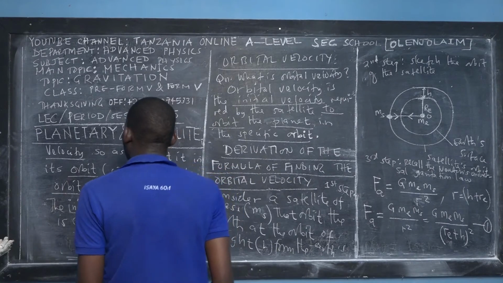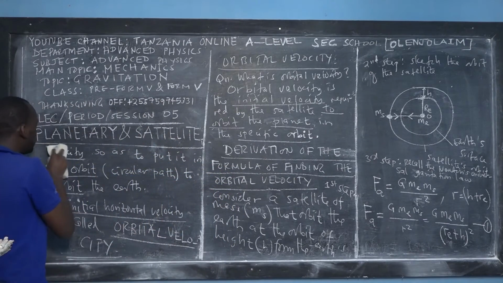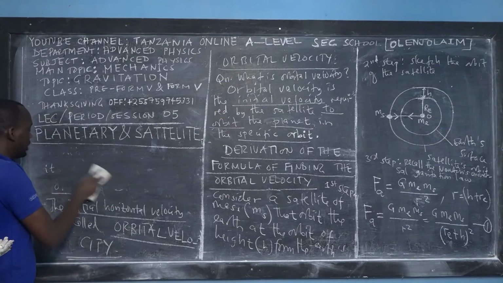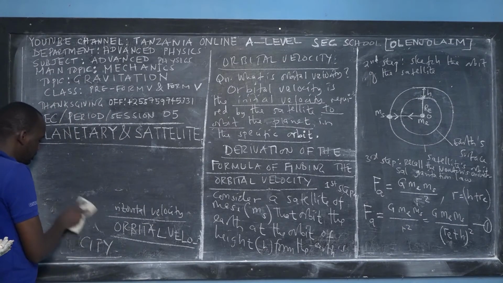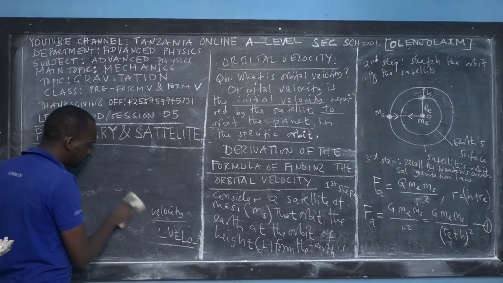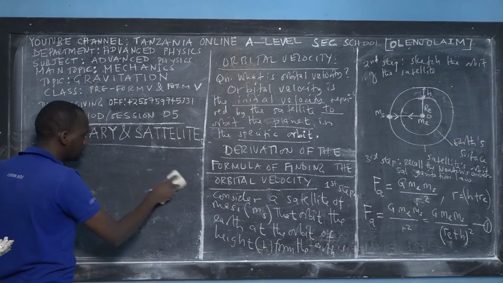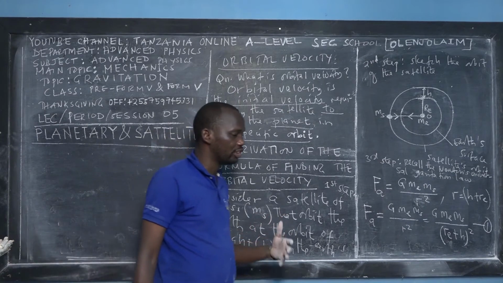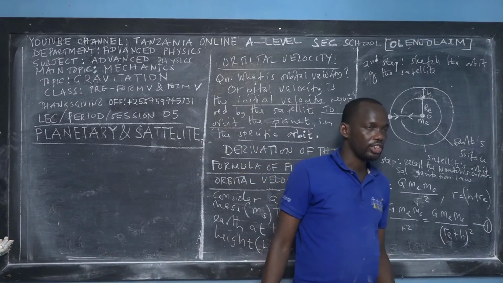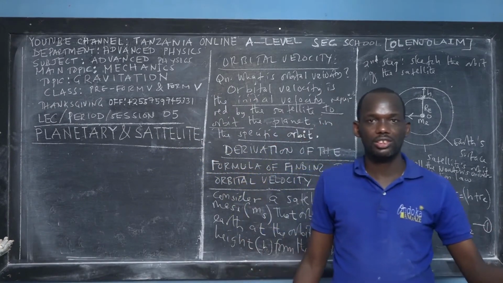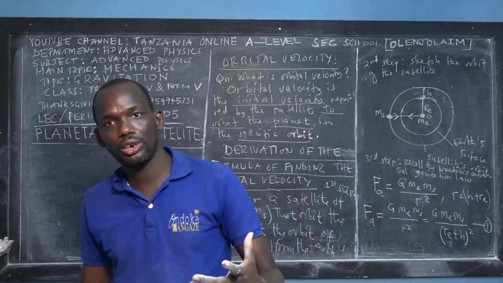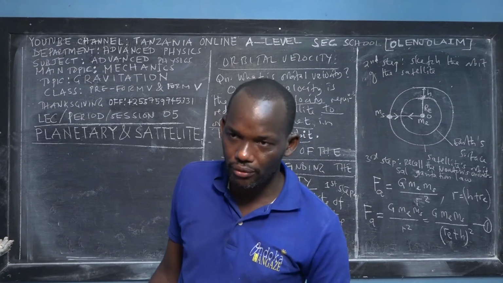Because our desire is to find the orbital velocity, in the case of gravitation, I told you in previous lectures, especially lecture 3 and lecture 4, even in session 2, about centripetal force.